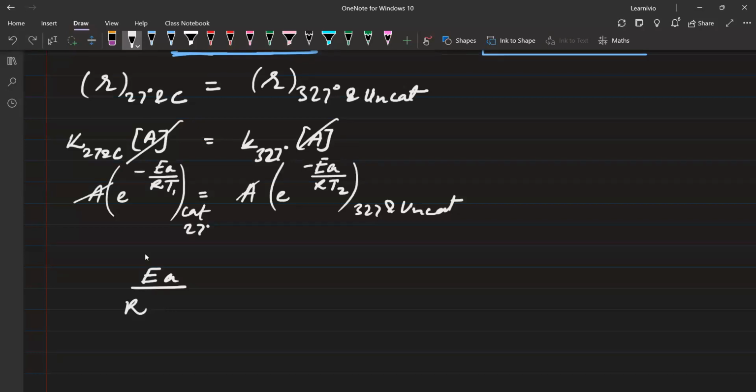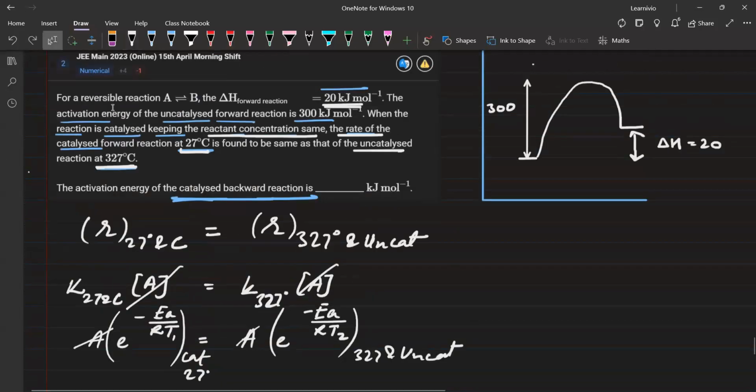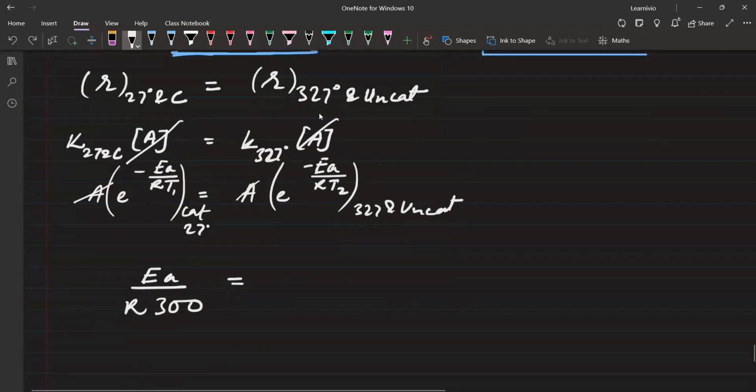27 in Kelvin will be how much? 300, right? This will be equal to EA. What is the EA for the uncatalyzed reaction? The activation energy of the uncatalyzed forward reaction is 300 kilojoule per mole. 300 kilojoule means 300 into 10 to the power 3, divided by R into T2.